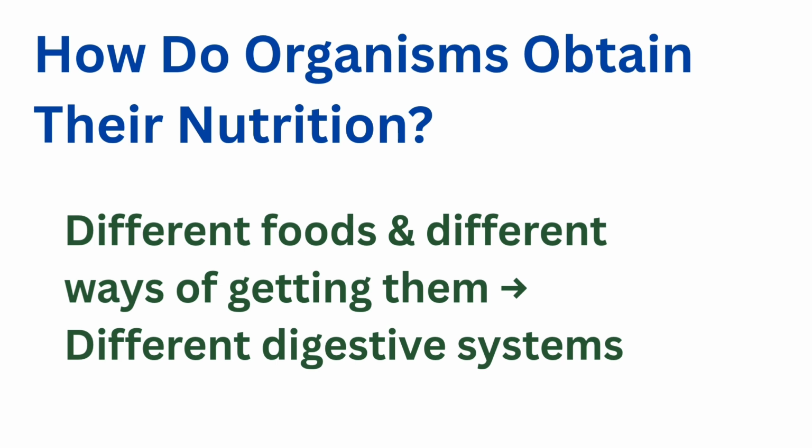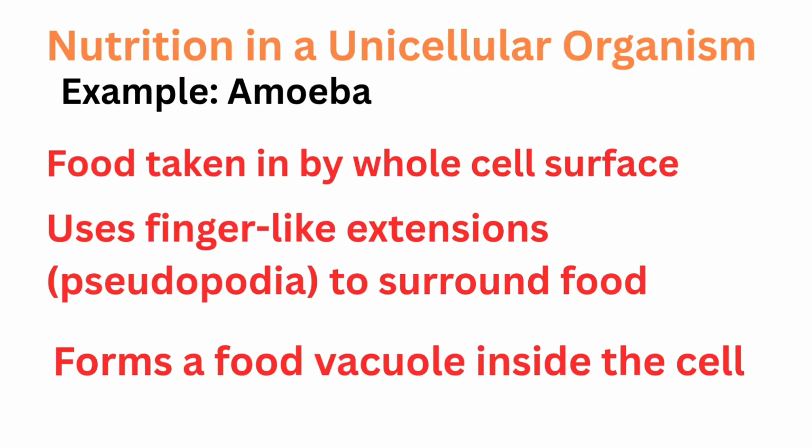Since the type of food and the way it is obtained differ, organisms have different digestive systems. Single-celled organisms like amoeba can take in food from any part of their cell surface. For that, they use certain finger-like projections called pseudopodia. Pseudo means false.